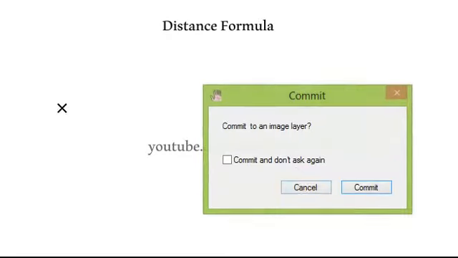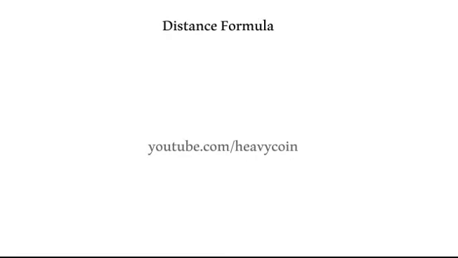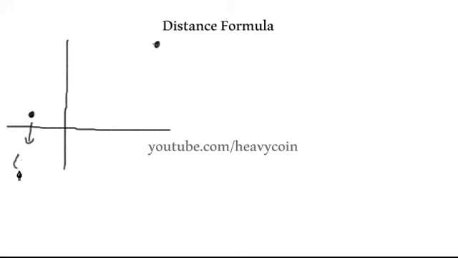Okay, so we're given 2 points. So let's say that we have a point here and a point up here, and we want to find the distance between this point and this point here. Now remember, our coordinates are x1, y1, and we called this point x2, y2.